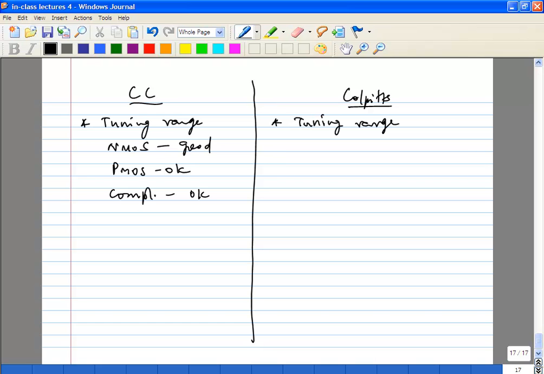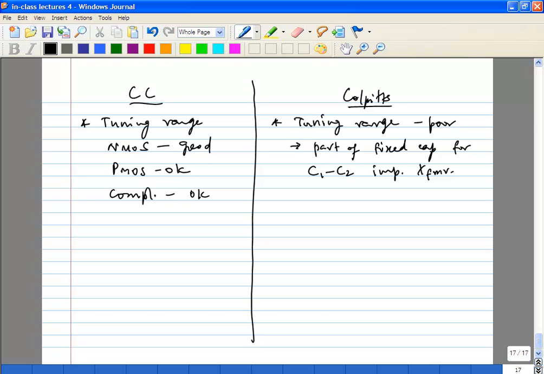Complementary is also okay, again you have PMOS plus NMOS. In the case of this guy, the tuning range is poor. Why? So you need some fixed cap for the impedance transformer.